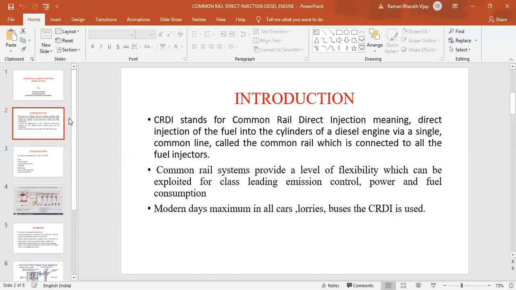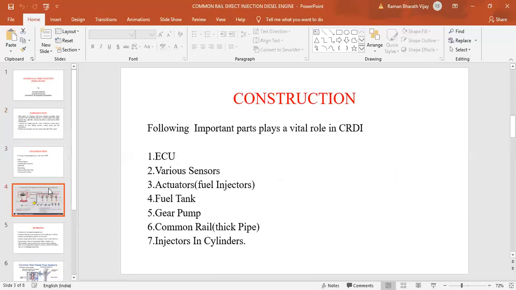Then we will have the next slide, construction of CRDI. Here in the slide you can see there are 7 parts of CRDI. First is ECU, the engine control unit. Second is various sensors. Third is actuators.